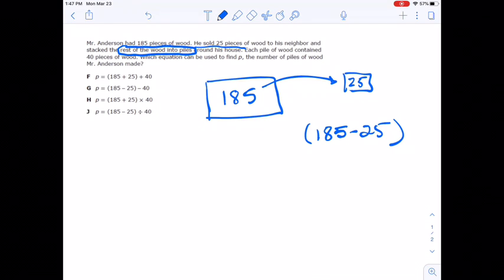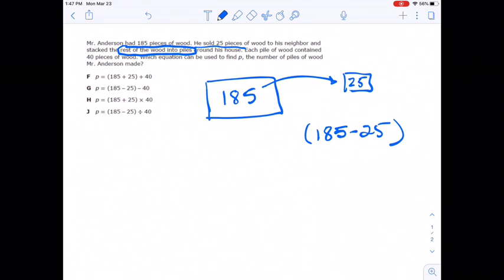So he has this wood, and what did he do with what was left? He stacked it into piles of 40 pieces of wood each. Now, how do I show that mathematically? I'm taking this wood and I'm putting it into piles, and they all have the same number of pieces of wood in them. So if we're talking about equal groups, what operations are we talking about?